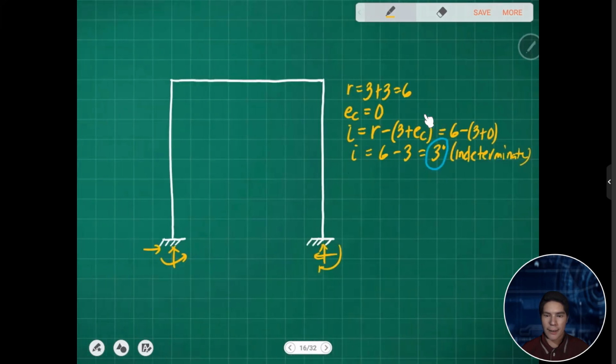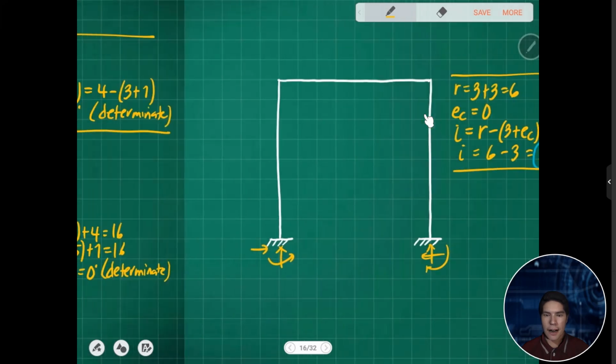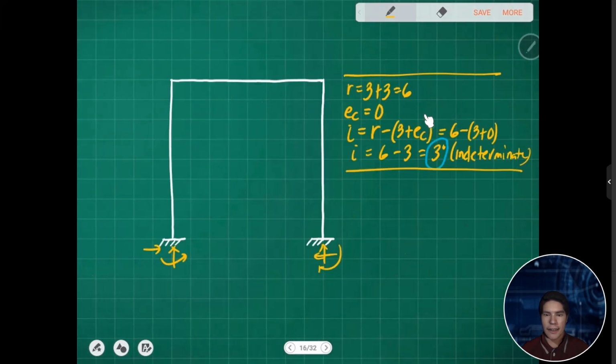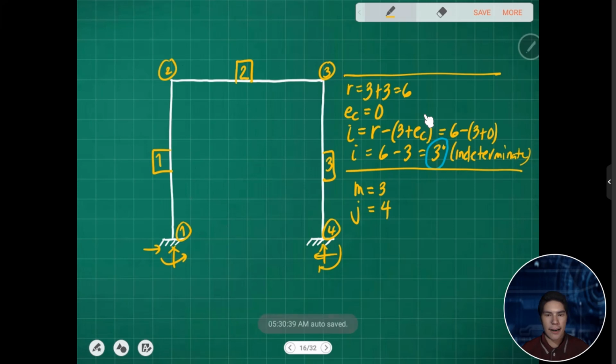If we use the formula in solving for internal indeterminacy, let's try. We count the number of members. So we have 1, 2, and 3. Our members is 3. For the number of joints, we have 1, 2, 3, and 4. So we have 4.